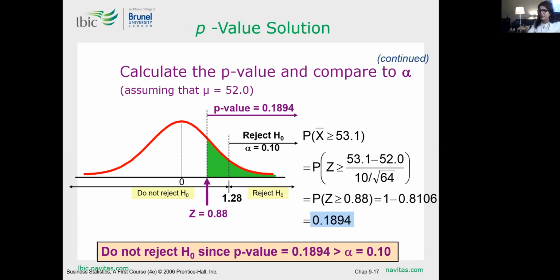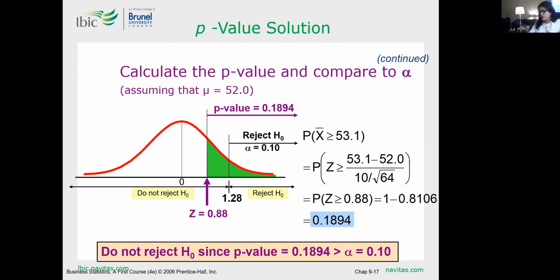So how about the p-value? If we want to calculate the p-value, we need to find out whether we reject or accept the null hypothesis. If we calculate the p-value based on the actual z, then we can go to the conclusion and interpret the result, accepting or rejecting the null hypothesis.